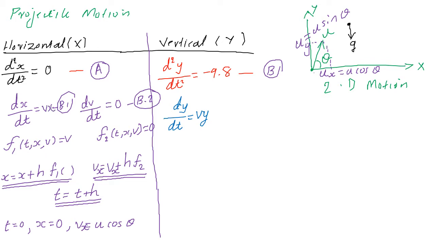Okay, right, vy, and with that we'll call that equation b1. Oh, I made a mistake. You can call this equation a1 and this equation a2, right? So you call this equation b1, and with that substitution, this changes to dvy by dt is equal to minus 9.8.